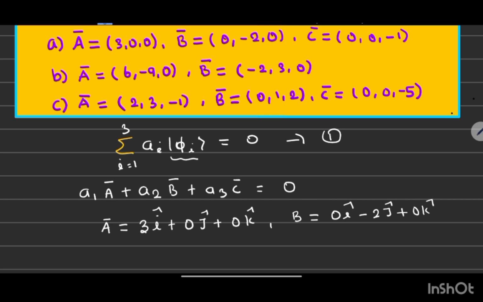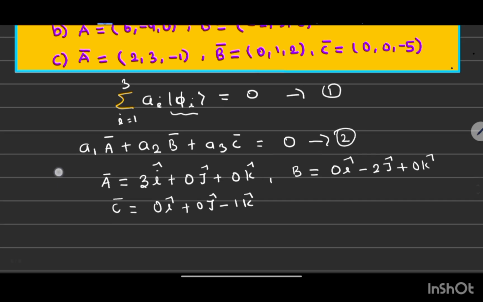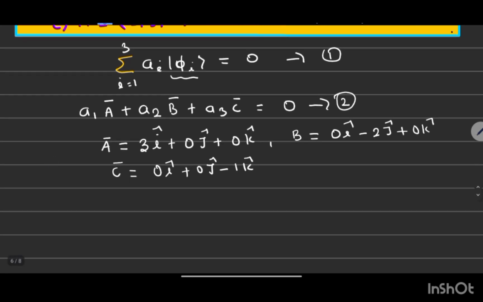And c vector is 0 times i vector, 0 times j vector, minus 1 times k vector. Now put these vectors into equation number 2.